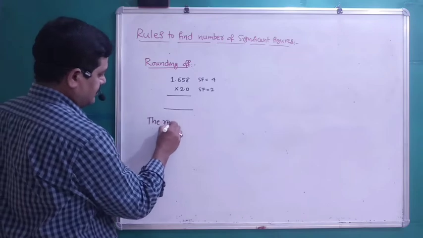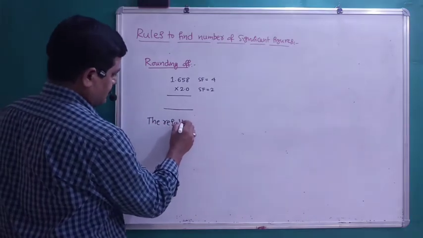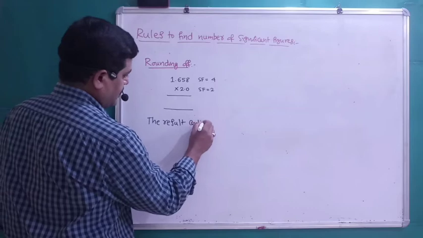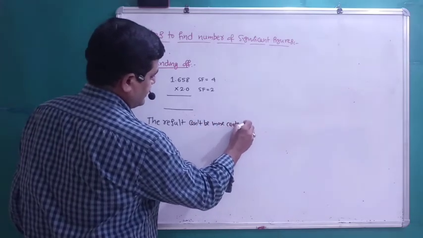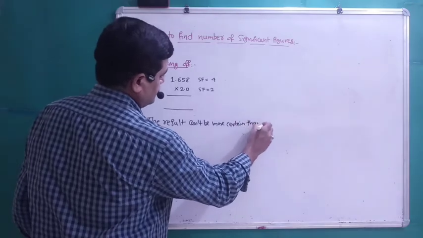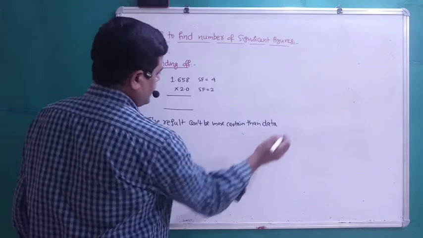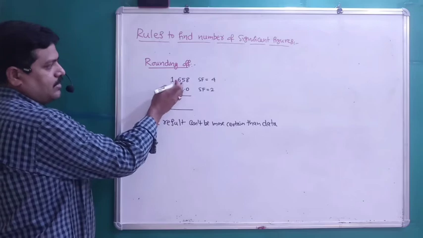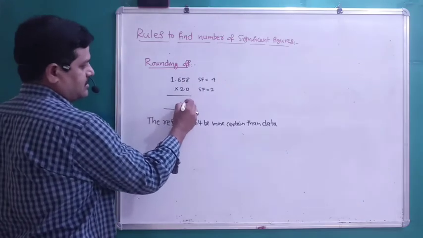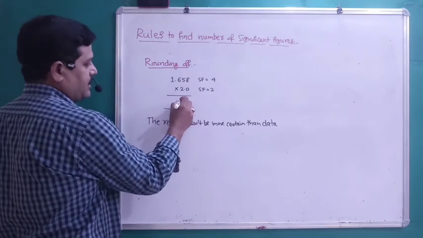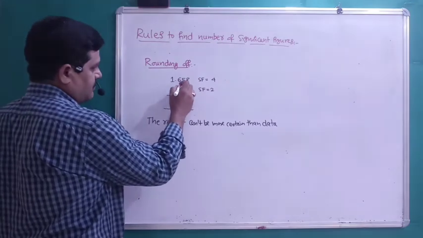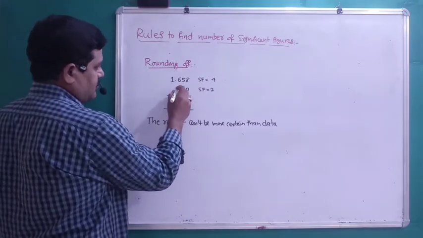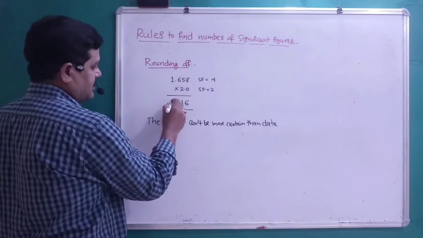The result cannot be more certain than data, right? So here if you do multiplication, 2 8s are 16, 2 5s are 10, plus 1 is 11, 2 6s are 12, plus 1 is 13, 2 1s are 2, plus 1 is 3, right?